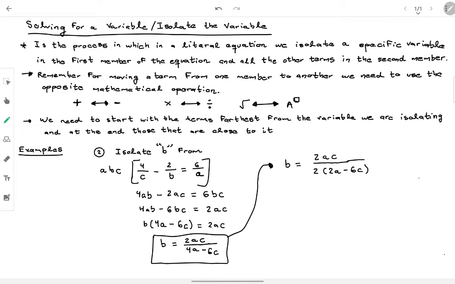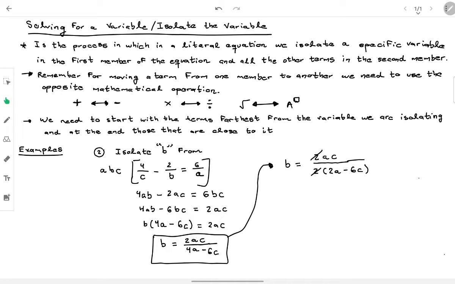We can then eliminate these 2 and these 2 because we have only factors. In this case, for elimination purposes, we need to have only factors. That means we cannot eliminate if we have an addition or a subtraction.